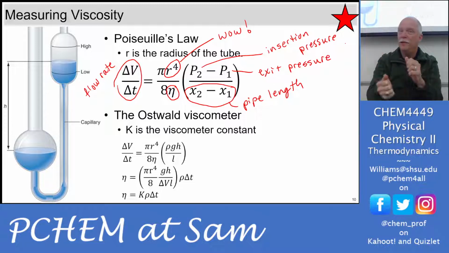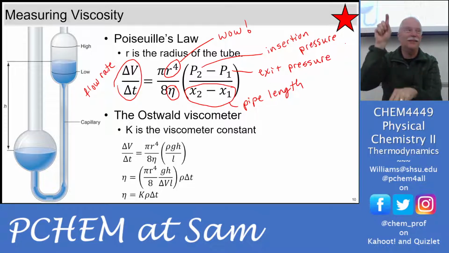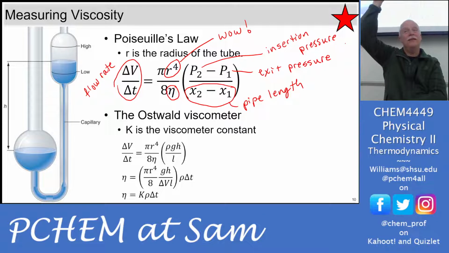What's the unit of millimeters of mercury? Freshman Chem 1. Pressure, unit of pressure. 760. Yeah, 760 millimeters of mercury. So that's almost a meter, right? 1,000 millimeters would be a meter.